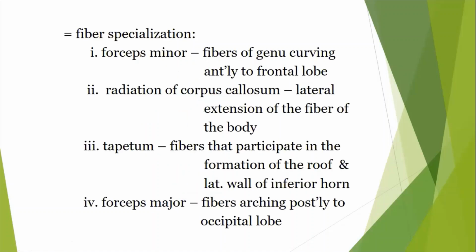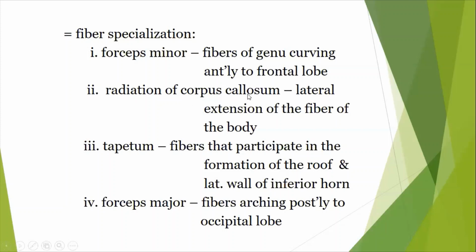Now, there will be fiber specialization. You have the forceps minor, which are fibers of the genu curving anteriorly to the frontal lobe. This is what I mean by the fibers that will be made by Dr. Gasco to be sort of, the picture is like it's an unruly hair coming from the corpus callosum.